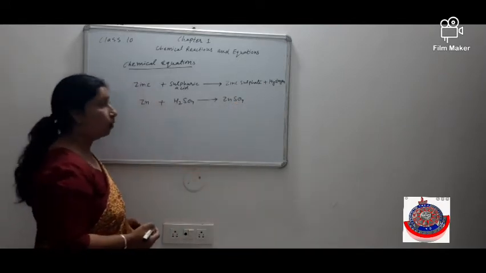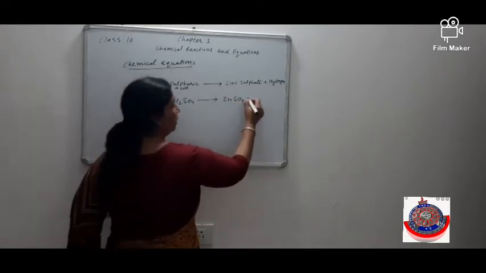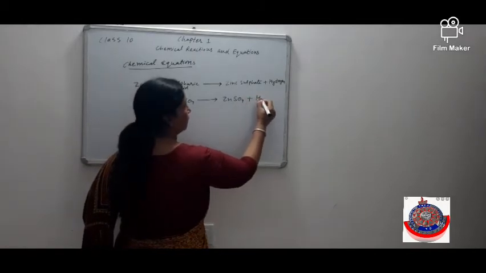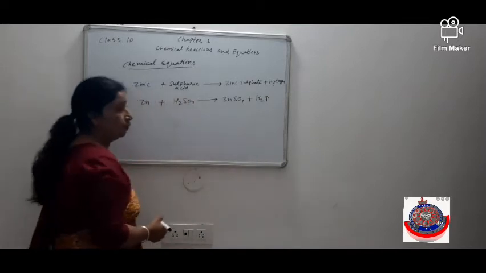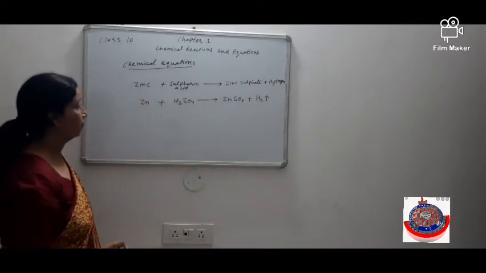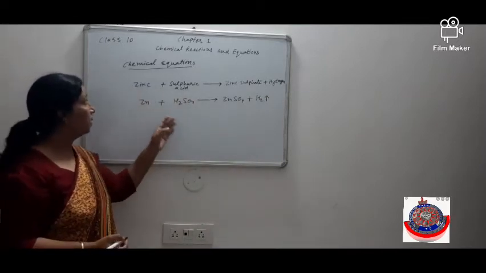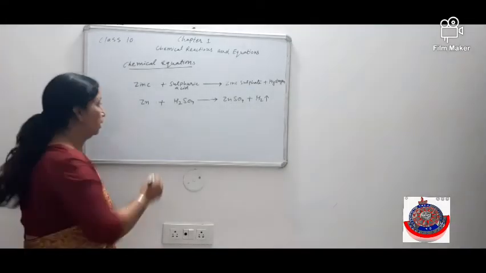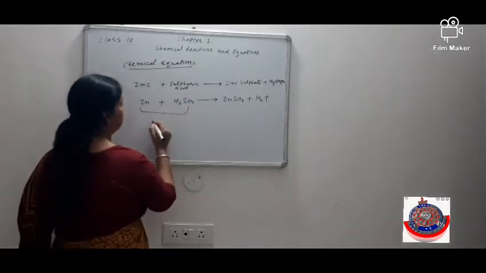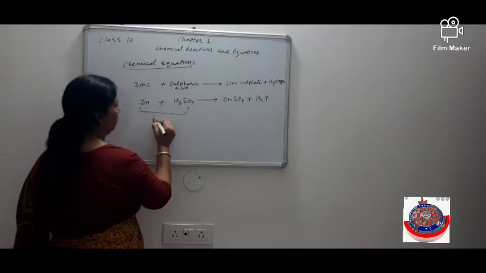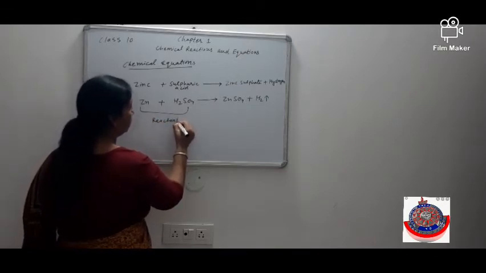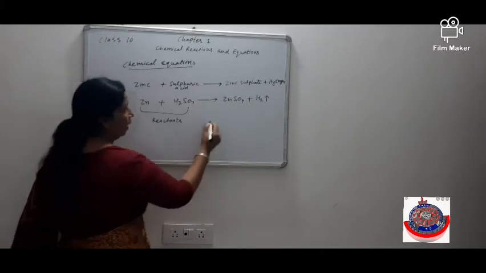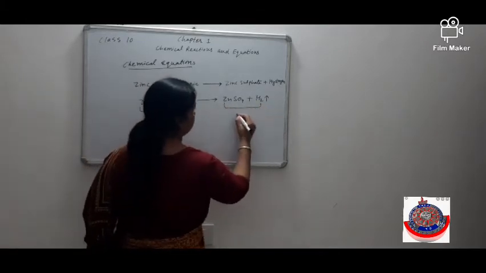ZnSO4 is the formula of zinc sulfate, plus hydrogen gas. Yes, you can show it with an upward arrow. This is a chemical equation. These are reactants, zinc and sulfuric acid, and these are products.